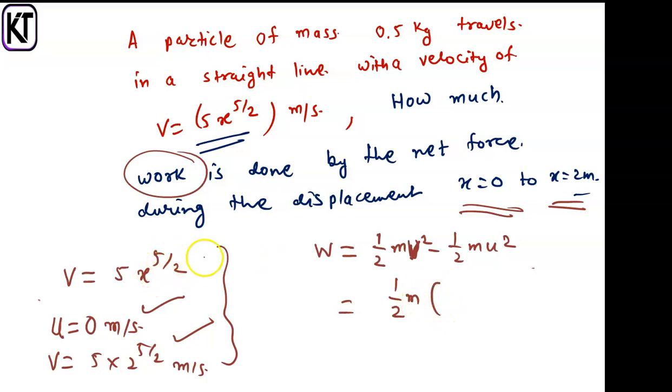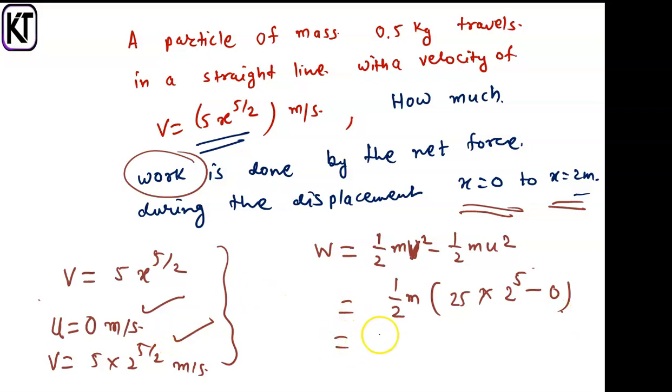V is 5 x to the power 5 by 2, its square is 25, x to the power 5 by 2 squared. Final velocity is 5 times 2 to the power 5 by 2, so squared that makes it 25 into 2 to the power 5, minus initial velocity, it is 0.